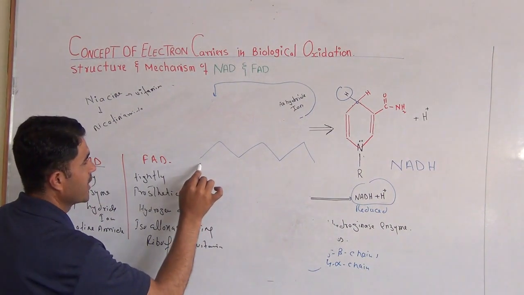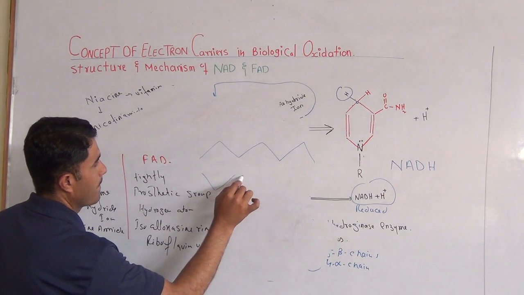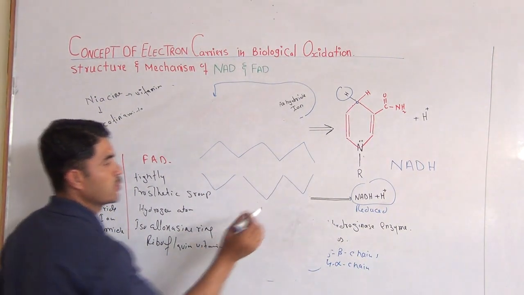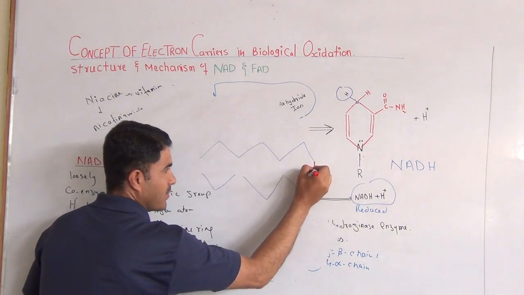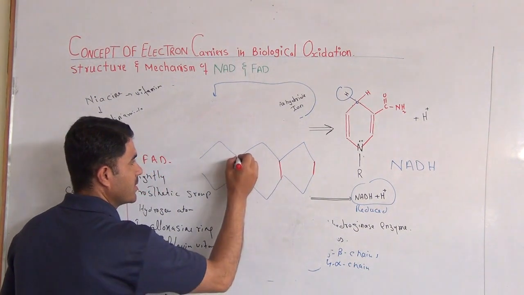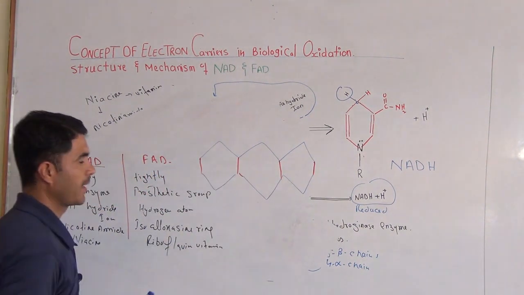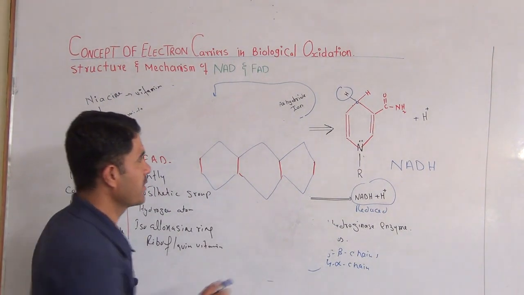I know you can. Okay. Yes, it is too simple for you to write like this. Write 1, 2, 3, and 4. Right? This is a simple structure of isoalloxazine.